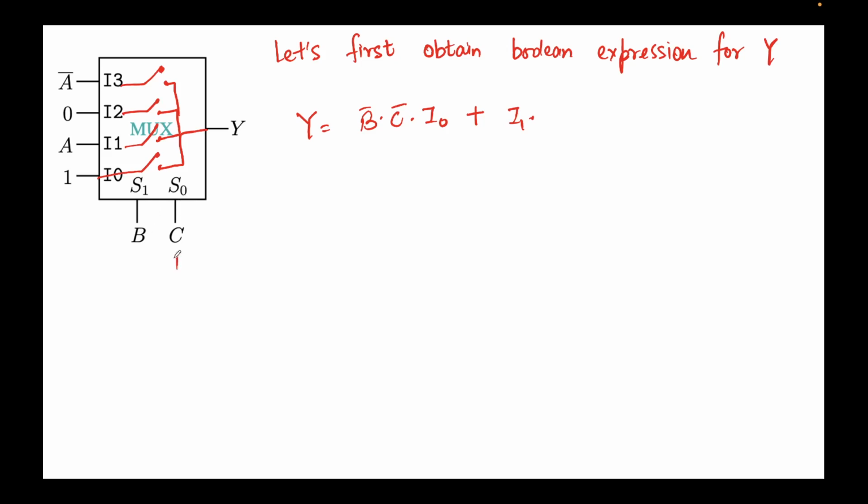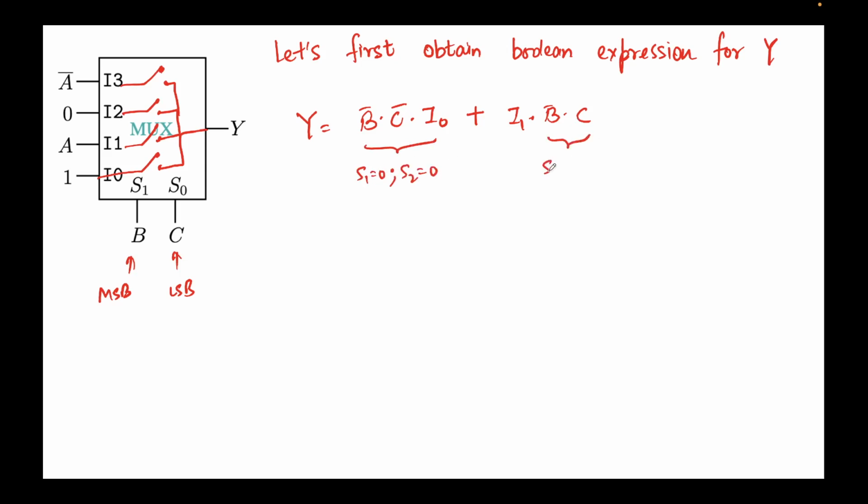This is the LSB, least significant bit. This is the MSB, most significant bit. So 0 0, 0 1. So B is 0, hence B bar times C is 1, right? So I'll write that this corresponds to S1 equal to 0 and S0 equal to 0.